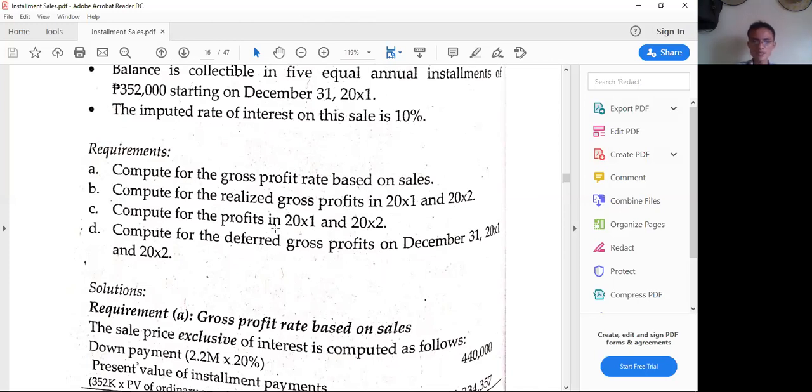And then if ever, for example, we will be asked how much is the deferred gross profit, that is sales or installment sales, minus the cost of installment sales. By the way, there is really an emphasis on attaching the word installment on sales and accounts receivable, as also with the cost of sales, to differentiate installment from the other types of sales, regular sales.